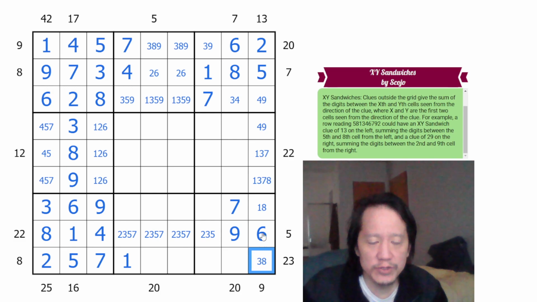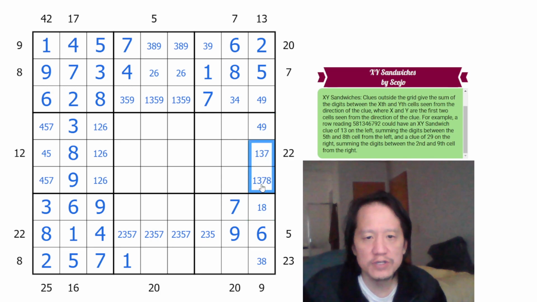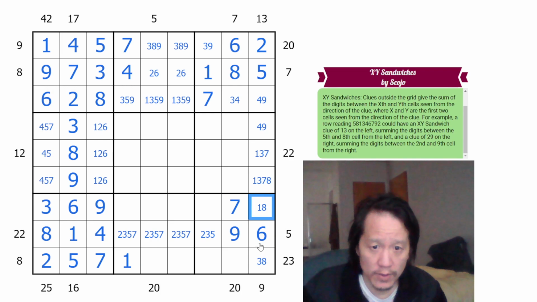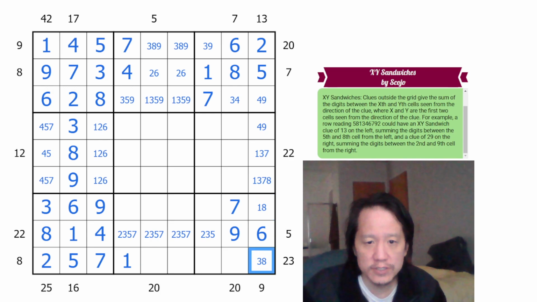If we tried to make it between the 6th and the 3rd, the only possibility would have to be 1 and 8, but that would eliminate all possibilities for this. So it cannot be 6 and 3, right? If it's 6 and 3, the only possibility that can add up to 9 would be 1 and 8. But then that would eliminate all possibilities here. So therefore, this cannot be between 6 and 3.